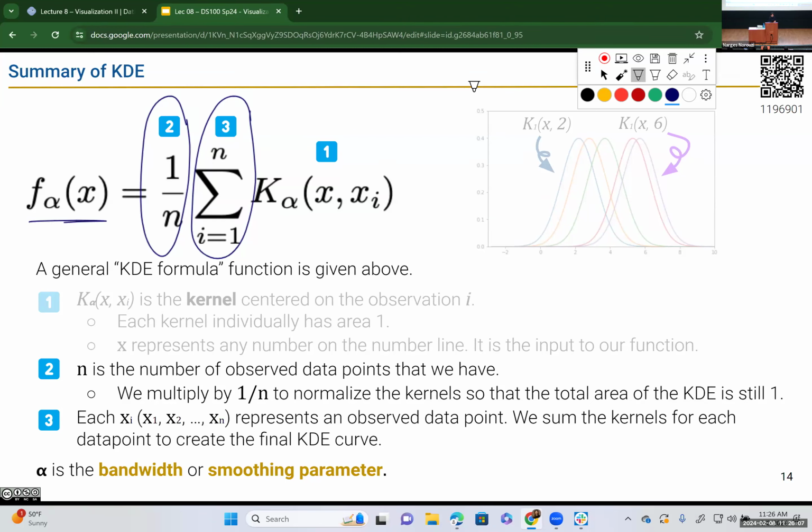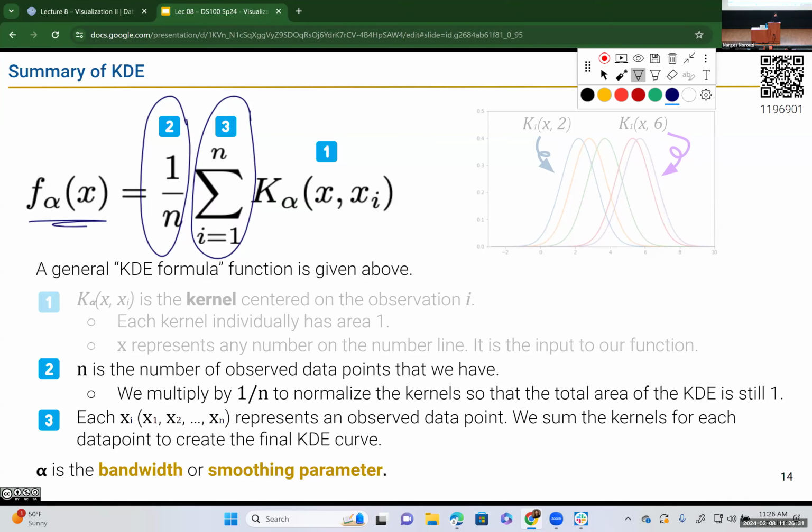But notice that this function takes in a parameter that we call a hyperparameter. We're going to talk about what hyperparameter means in 4 weeks-ish, but just know that this is something that we're going to decide ahead of time. In this example, I said alpha is equal to 1. That's the width of the kernel.